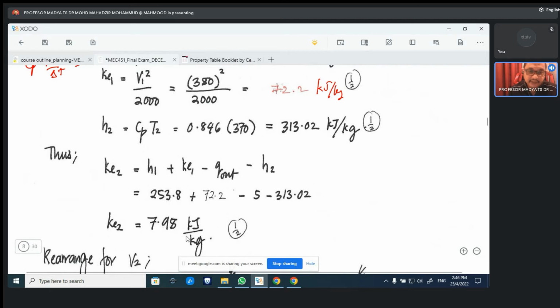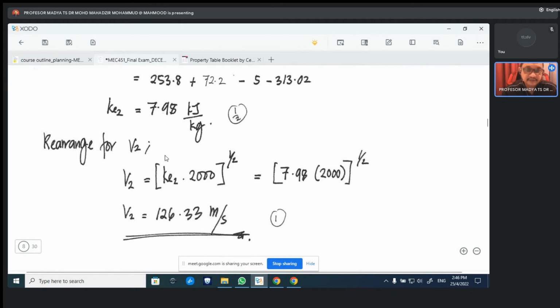The value that comes out from the calculation is 7.898 kilojoule per kg. That is the kinetic energy, produced because of the velocity. So rearrange for the velocity, because in this question we want you to find the velocity at the exit of the diffuser.